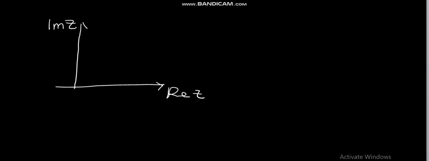Good. That is our Argand diagram. This is real of z, and this is the im of z. Is that okay? And remember, our z1 is equal to 2 plus 3i, and our z2 is equal to 4 minus 2i.